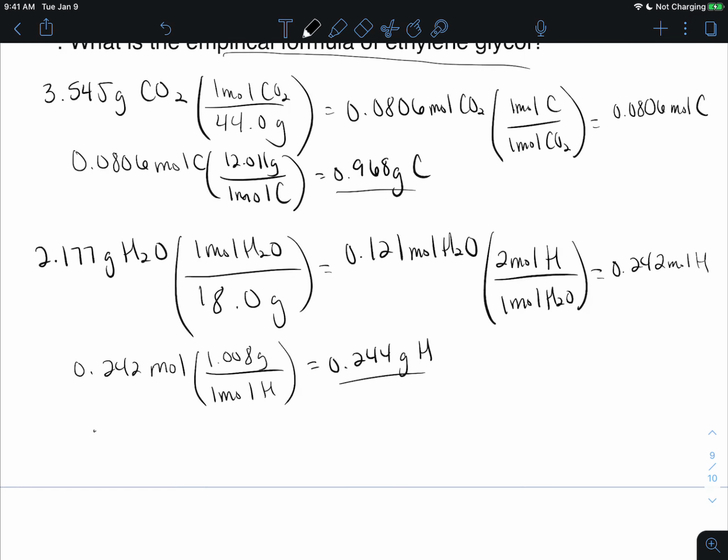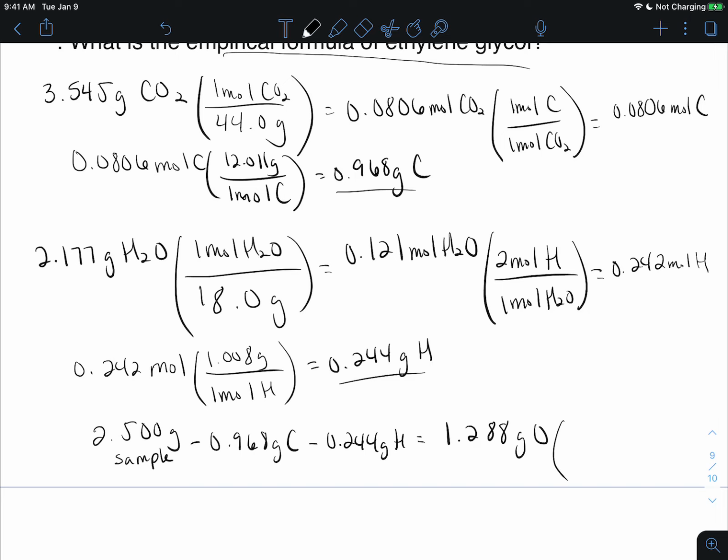So we'll take that 2.500 grams of our sample, subtract 0.968 grams of carbon and 0.244 grams of hydrogen, and this gives us our grams of oxygen at 1.288 grams of oxygen, and then we're going to convert that into moles of oxygen.